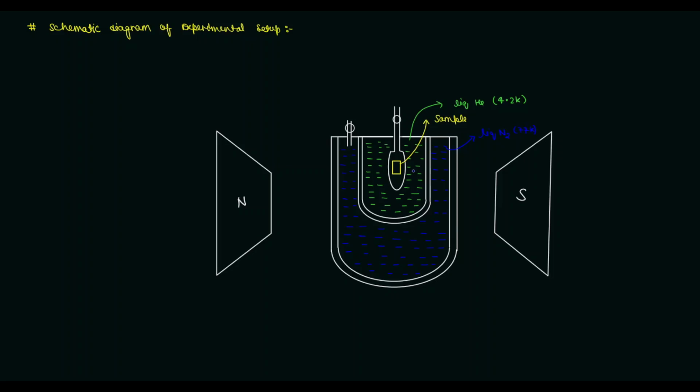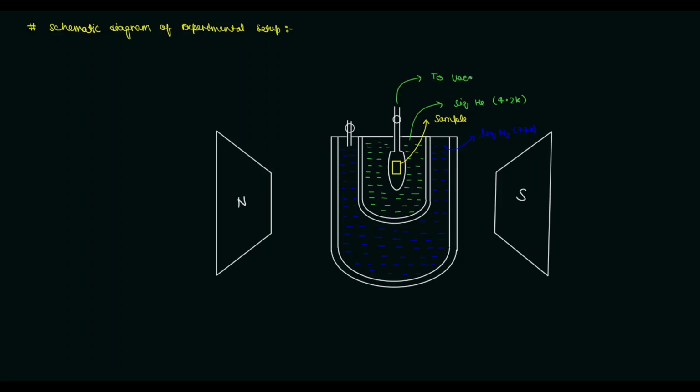This acts as a cost-effective thermal shield as it absorbs environmental heat, thus significantly reducing the boil-off rate of the much colder and much more expensive liquid helium, ensuring it remains liquefied for longer periods.